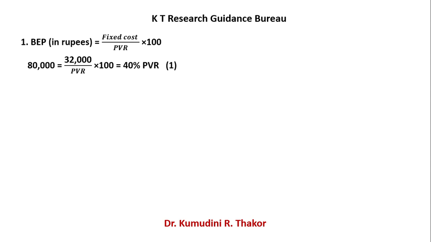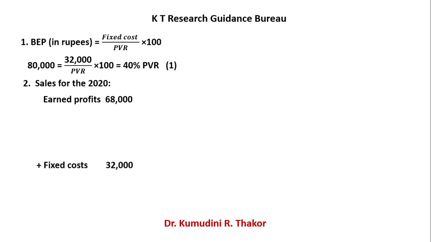If PV ratio is available, then you can find out so many things. Among them, see, your sales. Earned profit is already given 68,000, and your profit volume ratio is given and fixed cost is also given. So with that data you can find out, plus fixed cost 32,000.